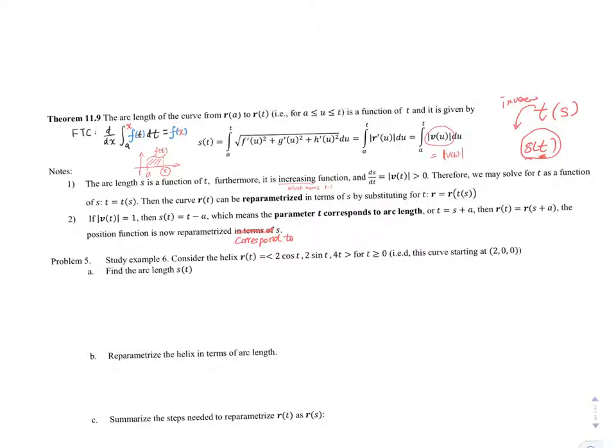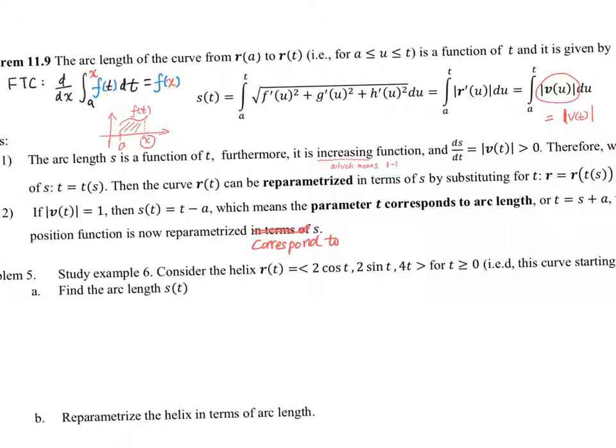Now let's think about this. What does this really mean to us? That means for every unit change in time, there will be a unit change in your arc length. So if you have 2 units of change in time, you must have 2 units of change in s.